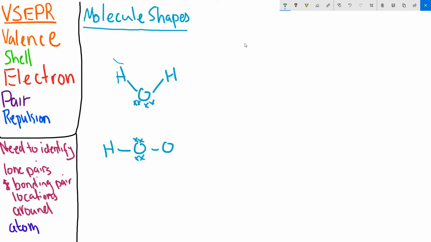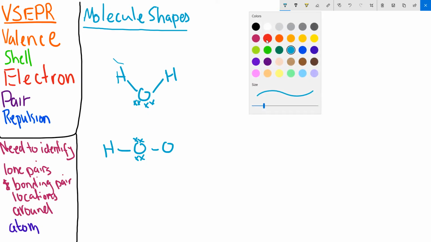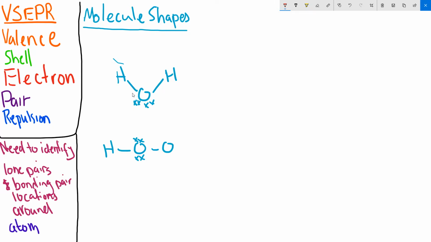If we think about the angle between each pair of electrons, whether they are bonding or lone, it is 90 degrees.